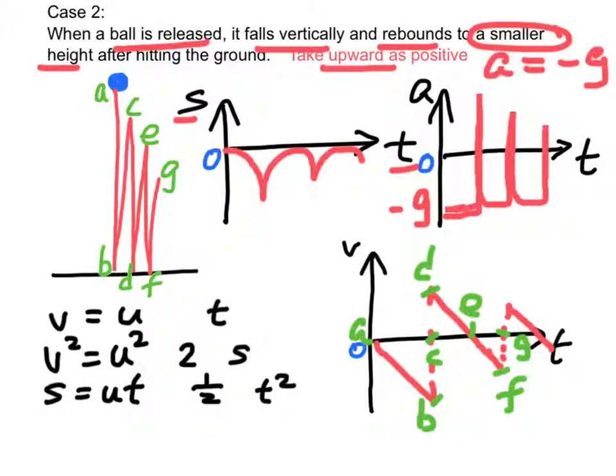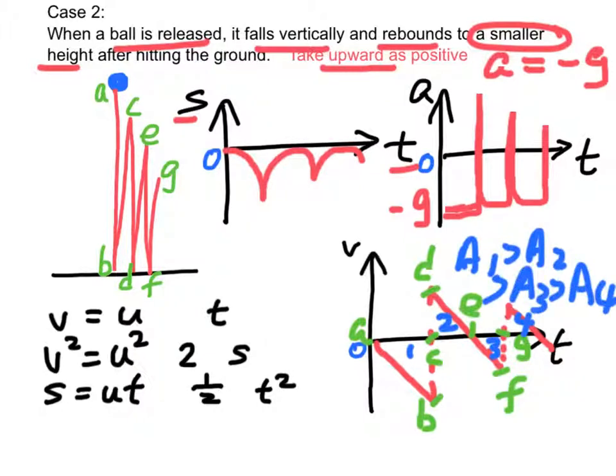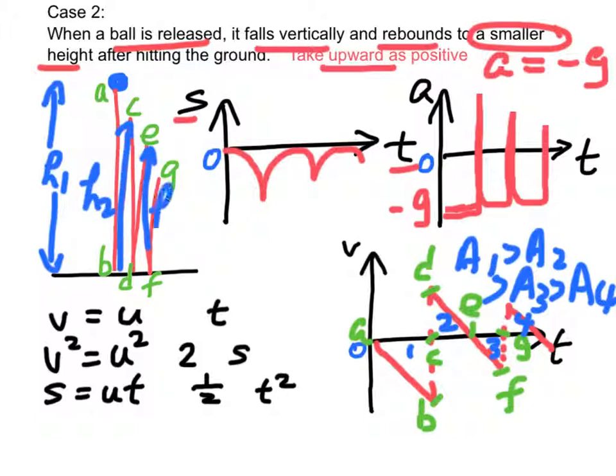G. Again, the areas under the graph 1, 2, 3, 4 are decreasing, with A1 larger than A2, larger than A3, larger than A4, since the maximum height during each rebound decreases. That is, H1 larger than H2, larger than H3, larger than H4.